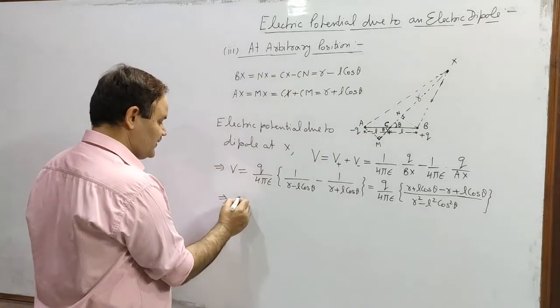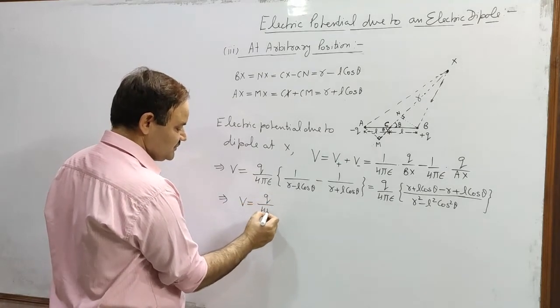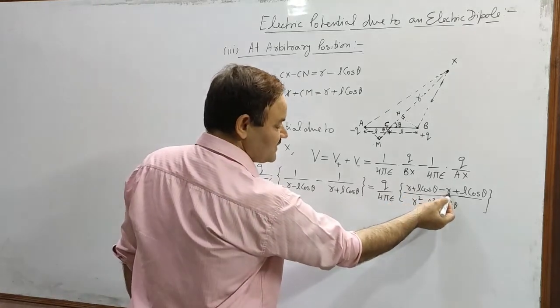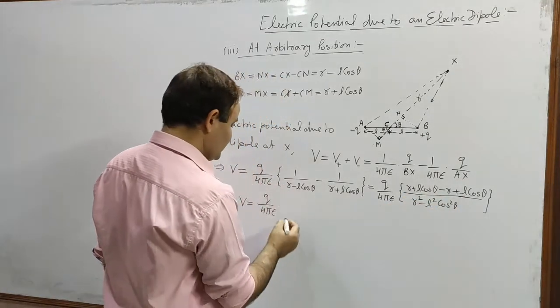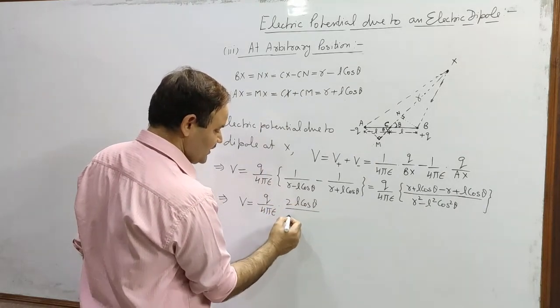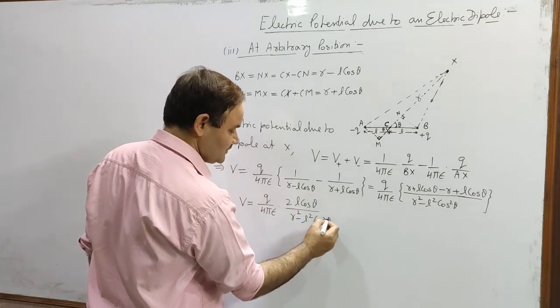This gives V is equal to q upon 4 pi epsilon into r will be cancelled with r, L cos theta 2L cos theta upon r square minus L square cos square theta.